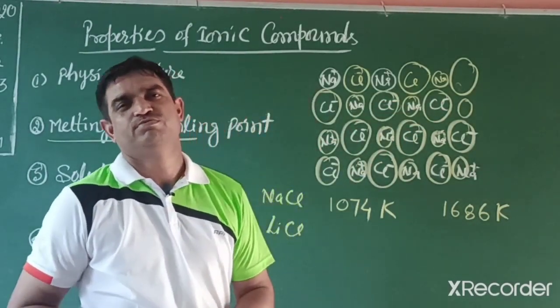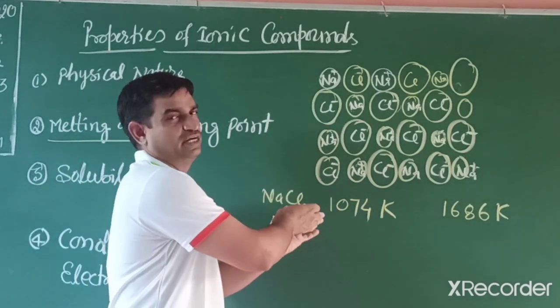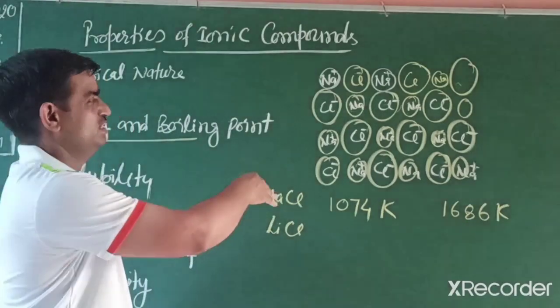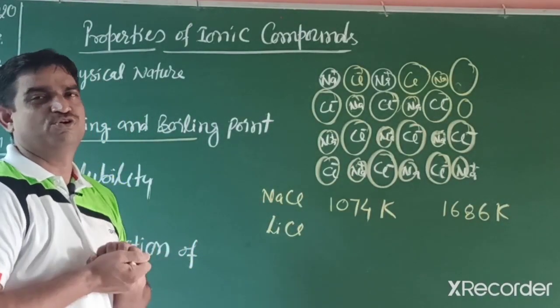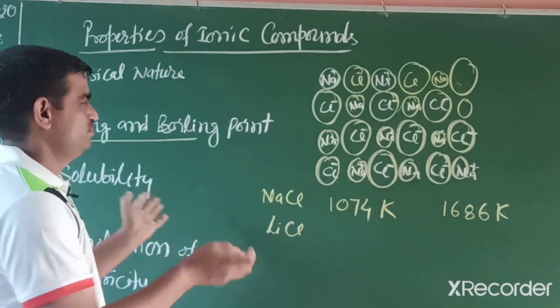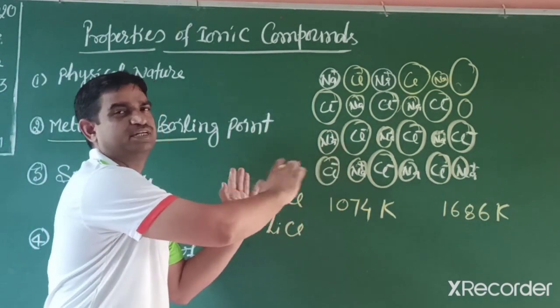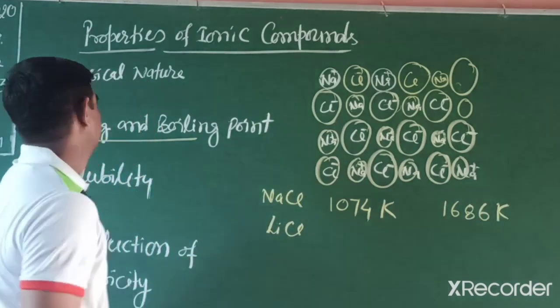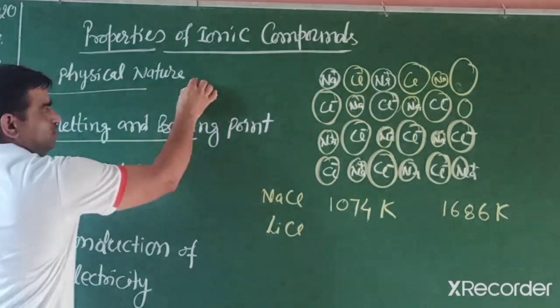This question comes in your exams: why do ionic compounds have high melting and boiling points? Because they have a very strong force of attraction between cation and anion, so they are found in the solid state.